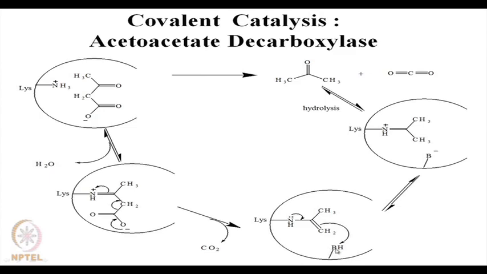This BH proton is snatched by this CH2. This backfires, and this carbon snatches the proton from here, thereby making B minus, and then in the presence of water, hydrolysis will take place to give rise to your product.